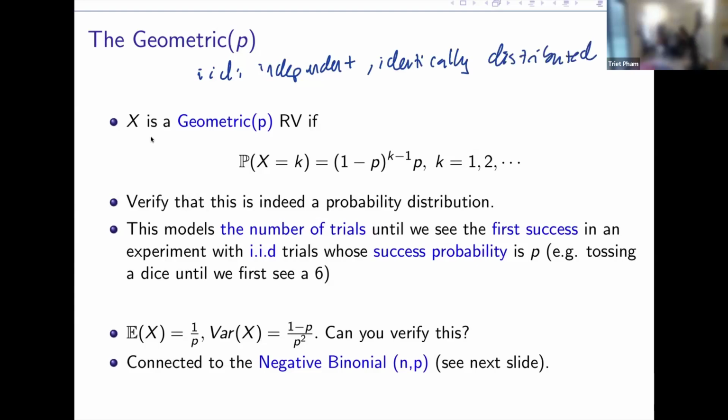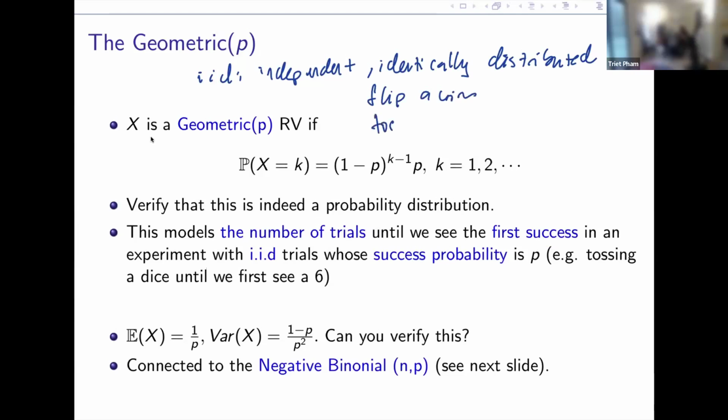What would be a simple IID experiment to think about? You keep flipping a coin, or toss a dice. These are examples of IID experiments because, supposedly, between the flips things are independent. And it's the same coin, so they're identical in terms of distribution.